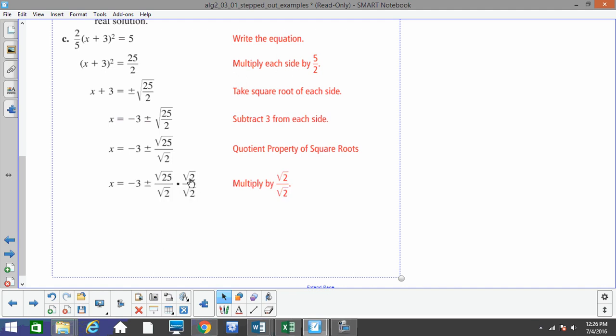And then you want to rationalize that denominator, because radicals are not allowed in the denominator. And you're going to get -3 plus or minus 5 radical 2 over 2. If you had plus or minus 5 radical 2 over 2 minus 3, I'm okay with that as well. And keep in mind that plus or minus means that you're going to have 2 solutions, both the positive and the negative scenario.